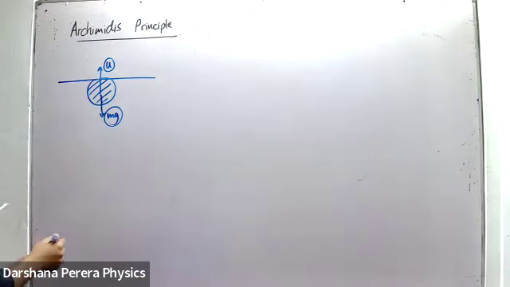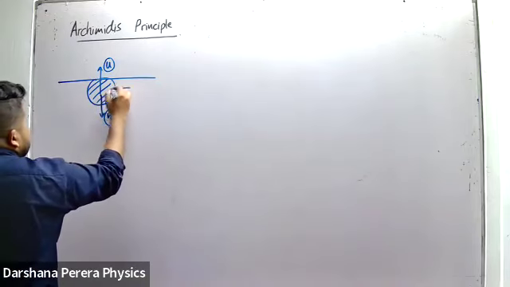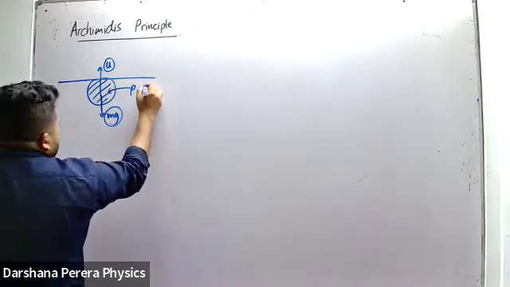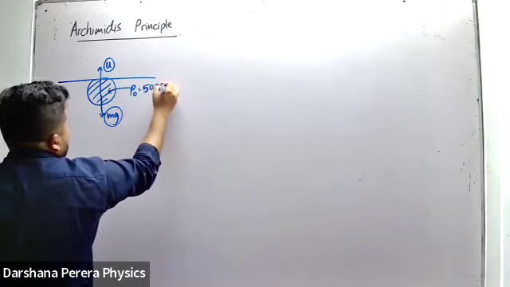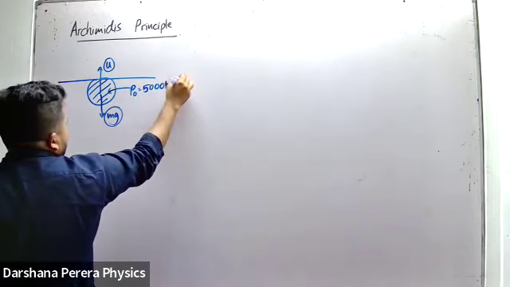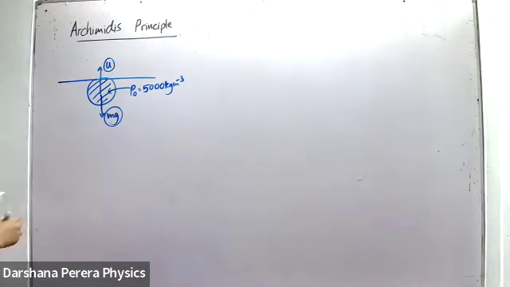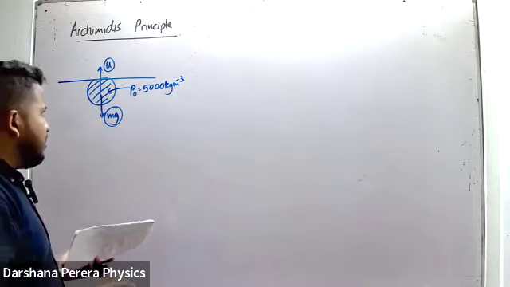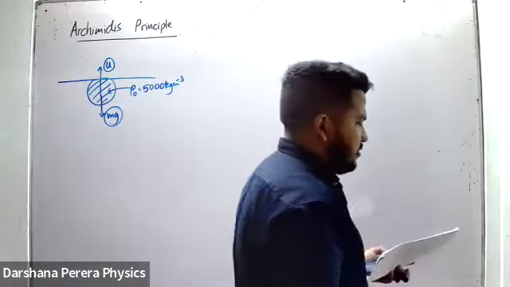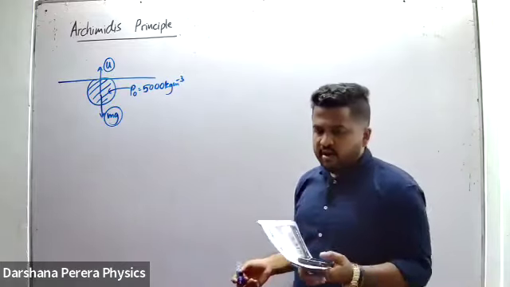Find out the acceleration of the object in meter per second squared, m s minus 2.